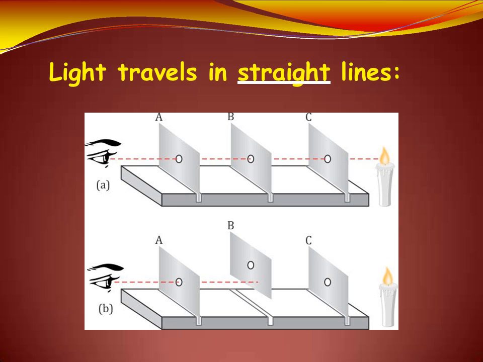If you look through the holes, we can see the flame. But when any of these boards is misplaced or moved, there is an obstruction in the rays of light. So we can conclude that light travels in a straight path.